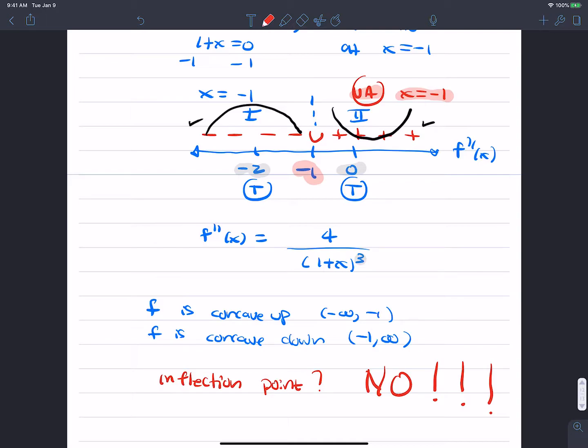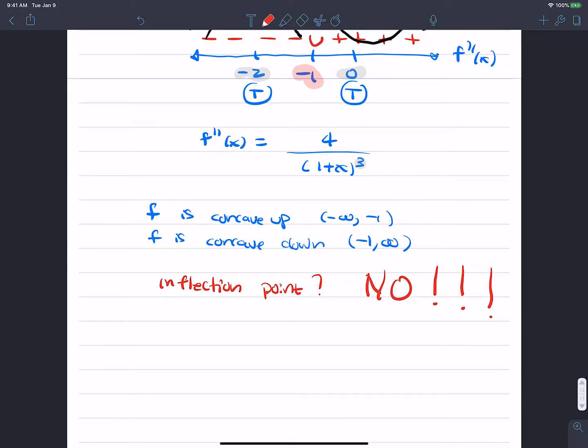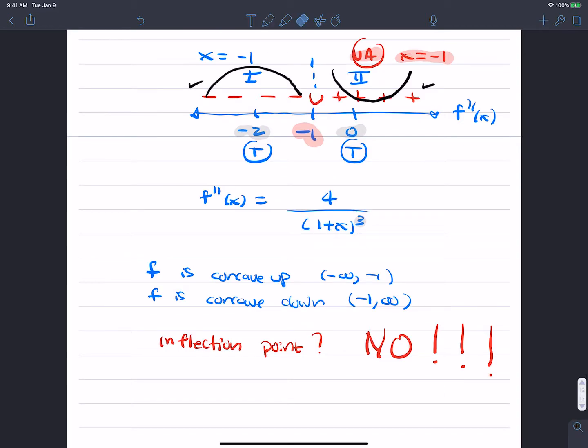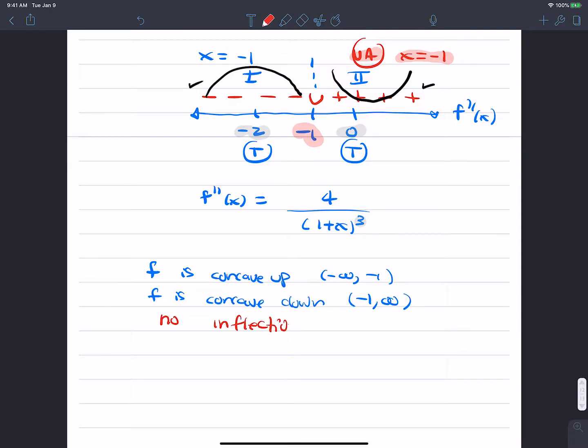In fact, you know that that location is a vertical asymptote. So you cannot say that this has an inflection point. So this is going to be no inflection point, because it's not even a point on the curve. Okay?